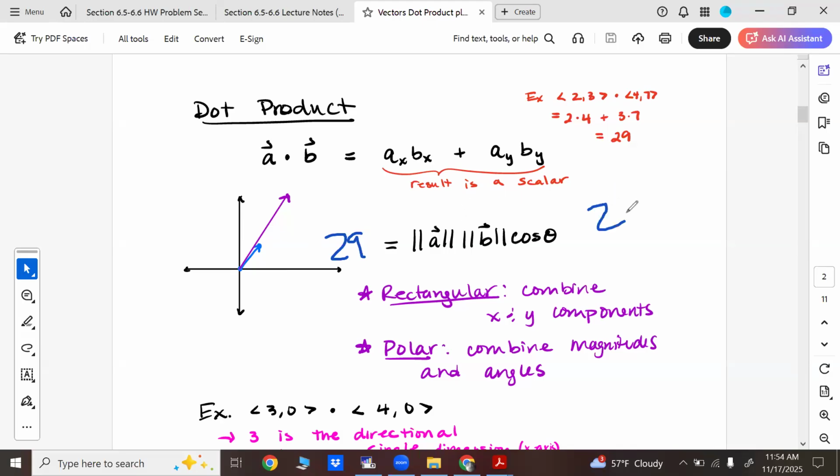Or 29 is going to equal, what's the magnitude of (2, 3)? What's the magnitude of (4, 7)? Yep, you got it.